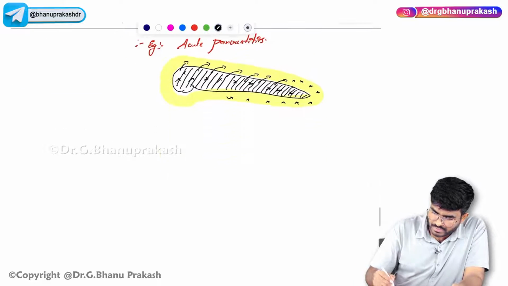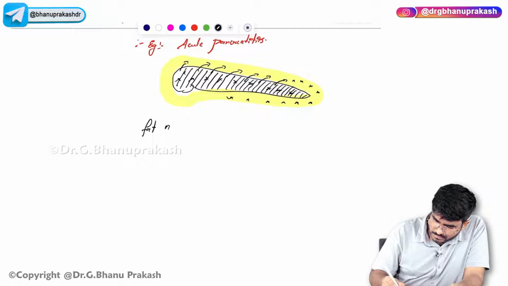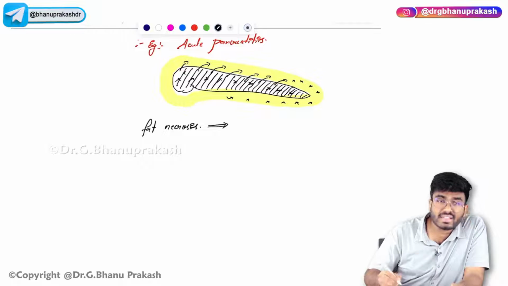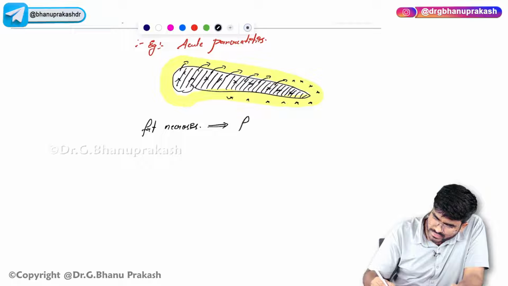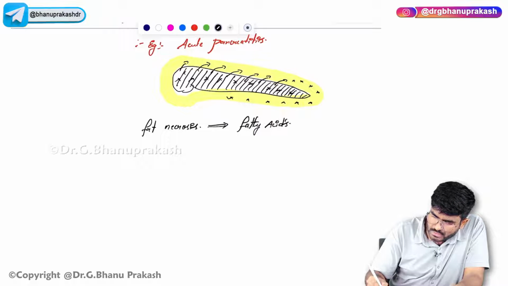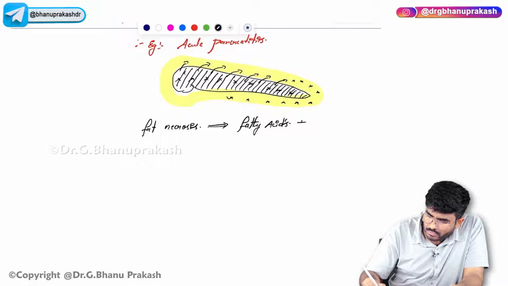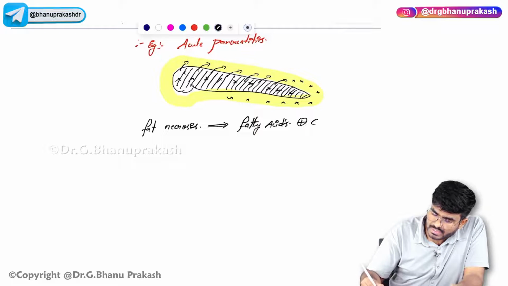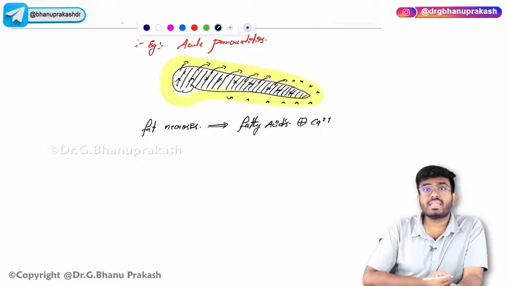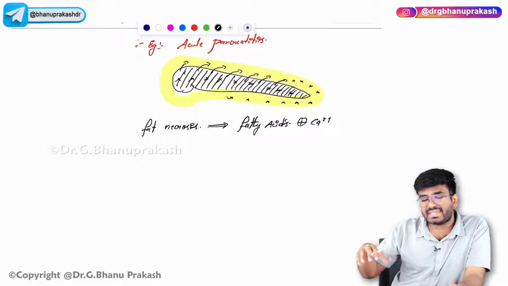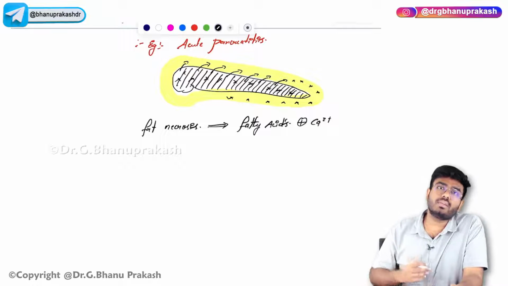Whenever there is fat necrosis, from this fatty area, what is going to be released? Fatty acids. Wherever there is a fatty acid, calcium will come and bind with these fatty acids in the area of fat necrosis.